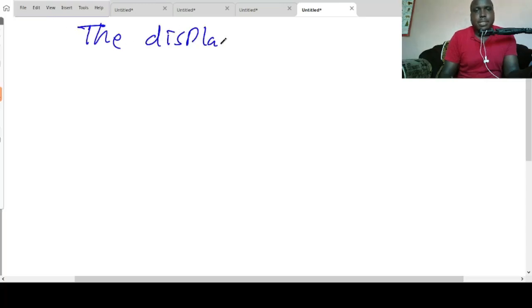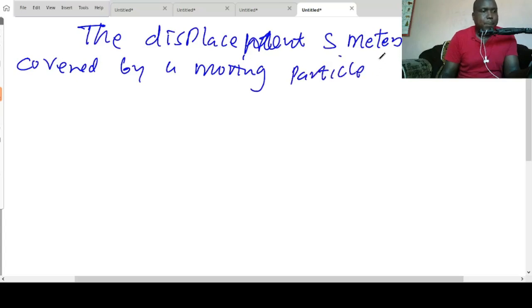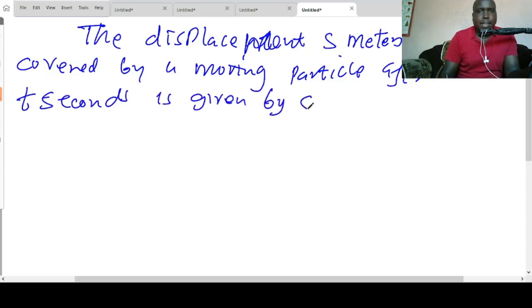The displacement s in meters covered by a moving particle after t seconds is given by s is equal to 2t cubed plus 4t squared minus 8t plus 3.